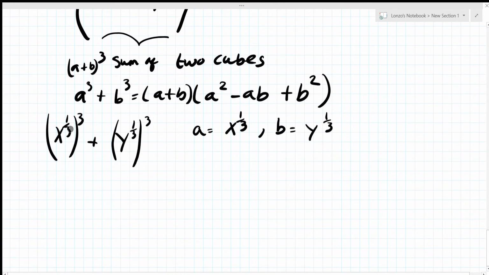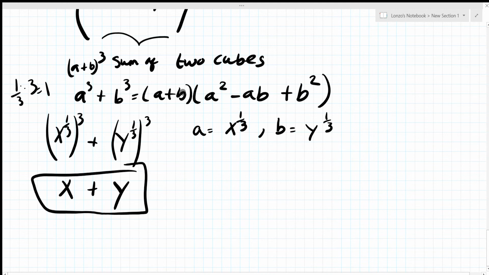Remember, when you raise exponents, you multiply those powers. So it's 1/3 times 3, which is just 1, so you're left with x, and plus 1/3 times 3 is 1, so you're left with y. So your final answer is just x plus y.